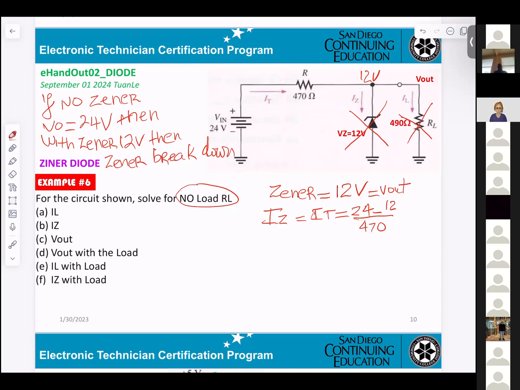Also, they are asking for I load, IL. That means the IL right here. That means the load is put back in the circuit, right? No, no load IL.